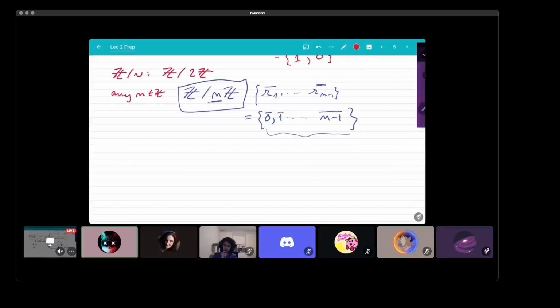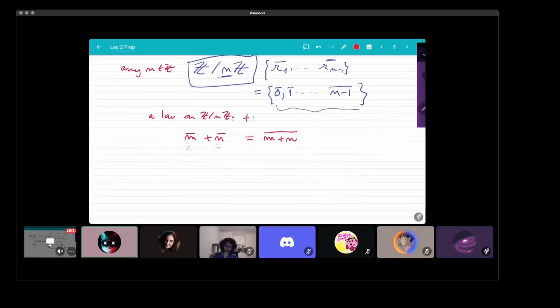So we're going to say that this is a law plus that associates m and n as equivalence classes to the equivalence class of m plus n.